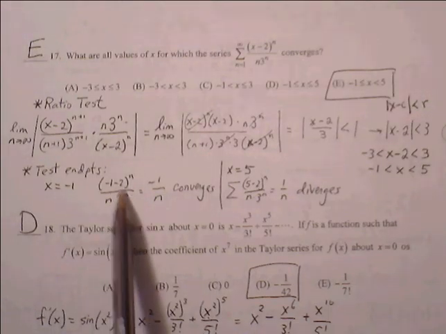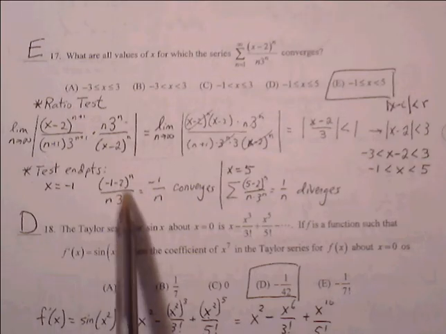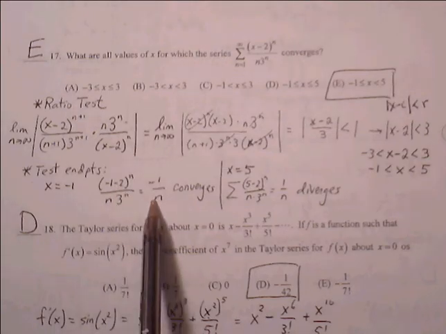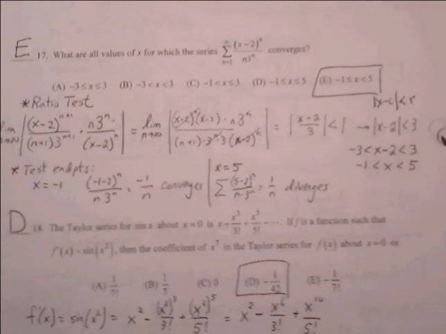This essentially cancels out to be negative 1 to the n over n. Since negative 3 to the n over 3 to the n cancels out to negative 1 to the n, we have negative 1 to the n over n, and we know this will converge.